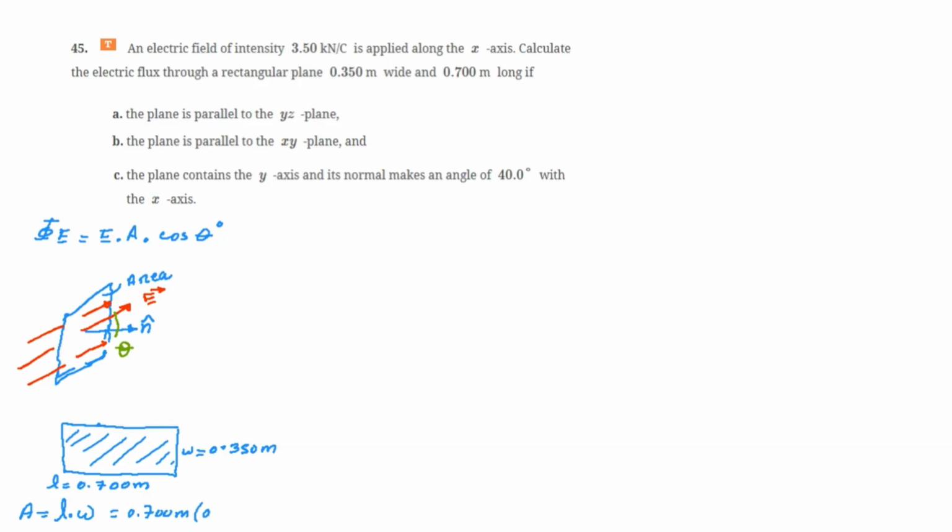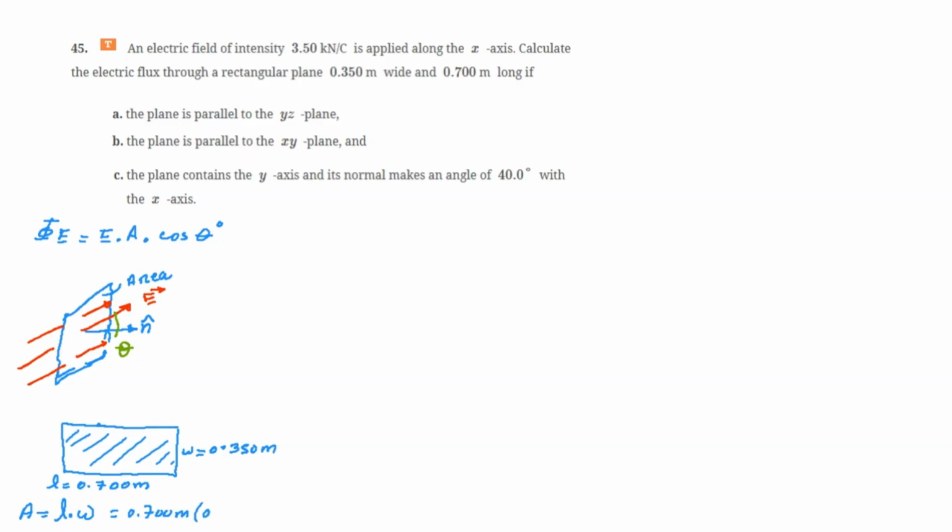So what happens? These electric field lines and this normal that is leaving the plane of the screen, the plane of the board, the angle between the normal and the field is 90 degrees. And the cosine of 90 degrees is 0.